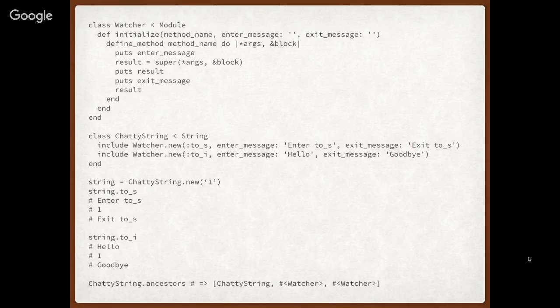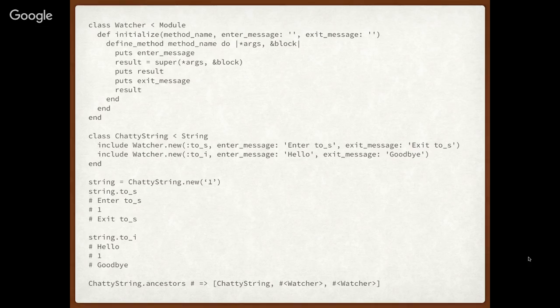So if I have a class ChattyString, I can inherit that from String. I can include this Watcher two times and watch two different methods on that string. I can say, okay, whenever you call to_s on that, give me an enter to_s message, output the value, and then give me an exit to_s.